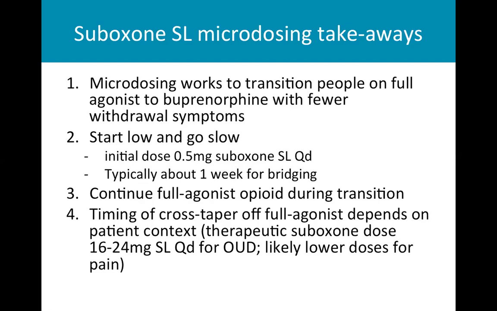And then the last thing, the timing of when you cross taper off the full agonist, there's no clear guidelines on that. We don't have enough evidence to say that at the Suboxone dose, we can take away the full agonist. And so this really depends on the patient context. For a patient with OUD, we have some guideline in knowing that Suboxone at the minimum effective dose is recommended at 12 milligrams, but most people end up on 16 to 24.